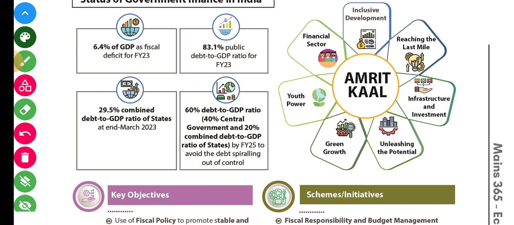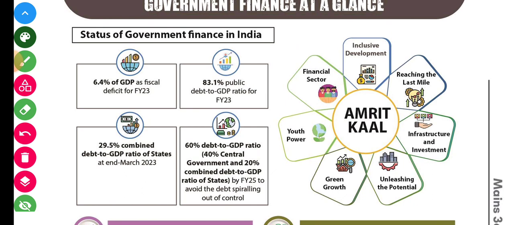And what is Amrit Kal? You can put this Amrit Kal in your answer when a government finance question will come. So first, the Amrit Kal objective is inclusive development, and inclusive development is being pursued in broad areas as a multi-pronged approach, adopting various sectors regarding inclusive development.